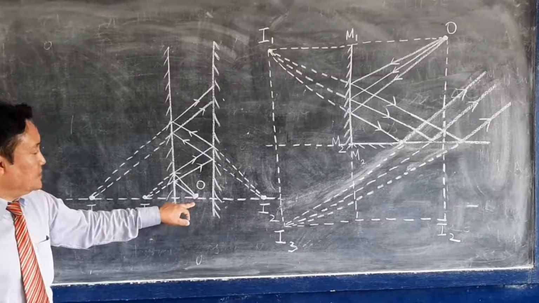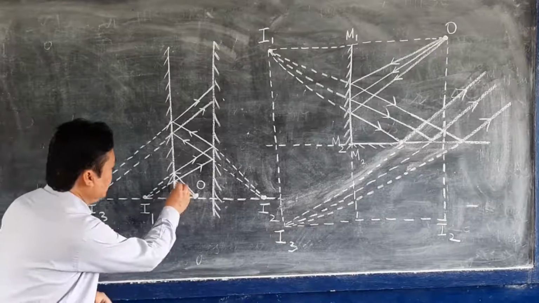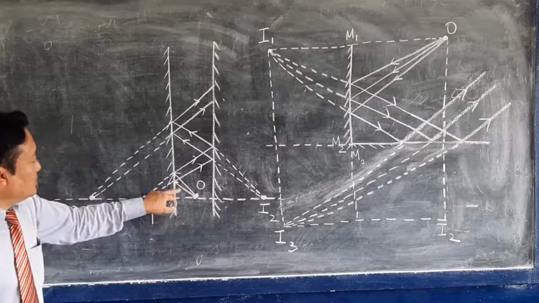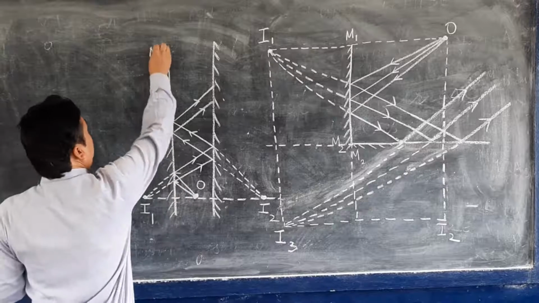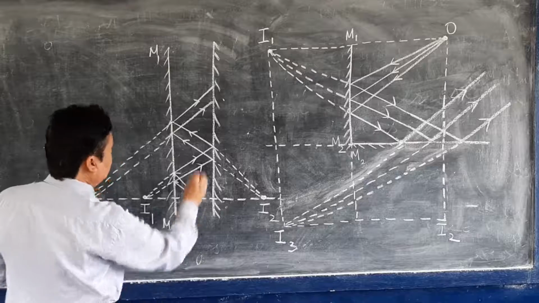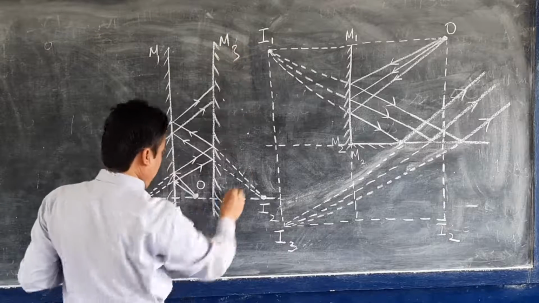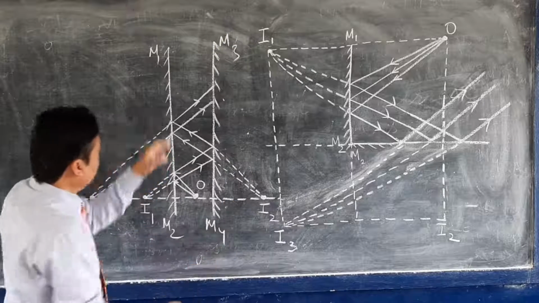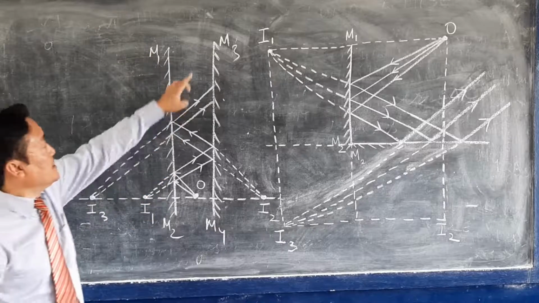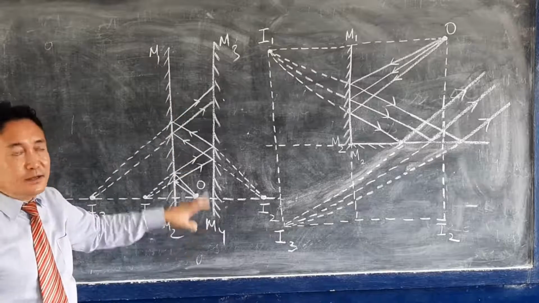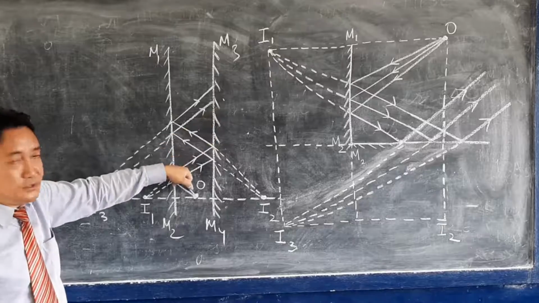From this object, the rays of light will pass here and strike the mirrors M1 and M2. This is the M1 and M2 mirror, and M3 and M4 is another mirror, kept parallel to each other, with the object in between.